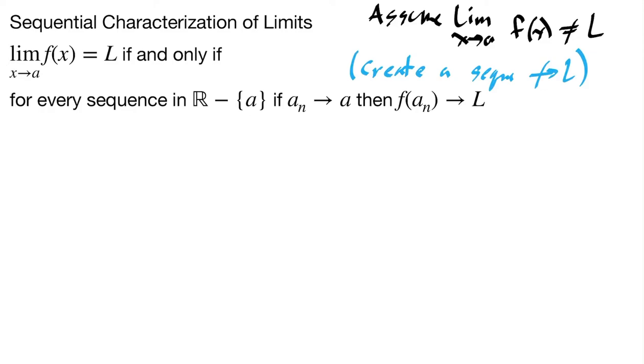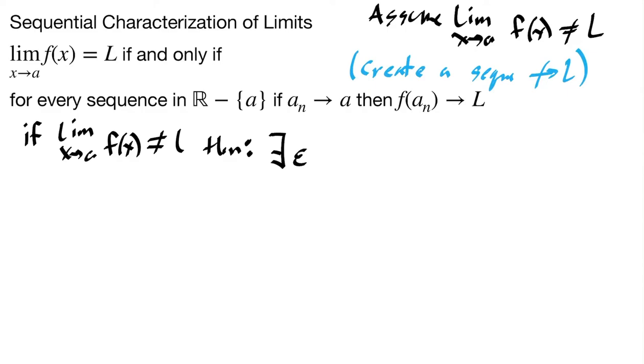Okay, so if that limit does not equal L, then that means something, and we can write the negation of our limit definition to find out what that means. That means that there exists some epsilon value.